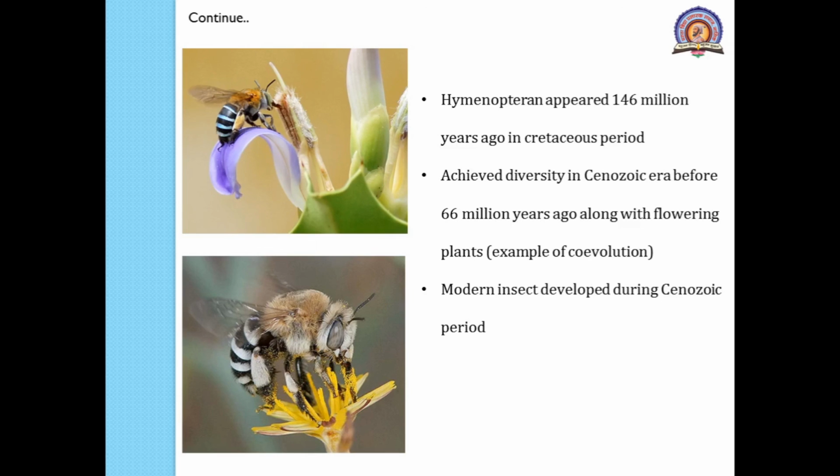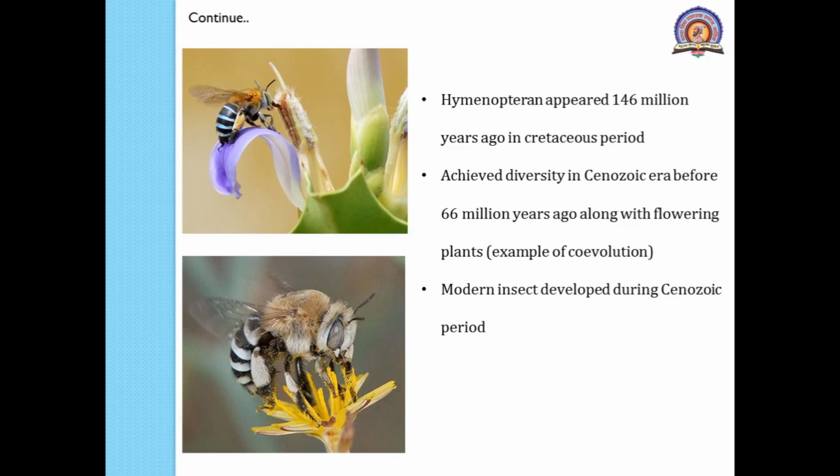The remarkably successful Hymenopteran insects appeared as long as 146 million years ago in the Cretaceous period. But the Hymenoptera achieved their wide diversity most recently, in the Cenozoic era, which began 66 million years ago.